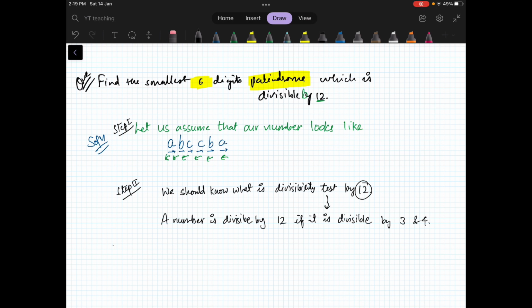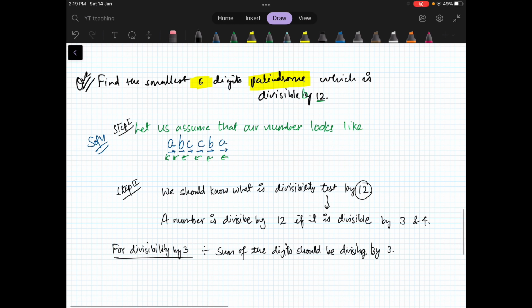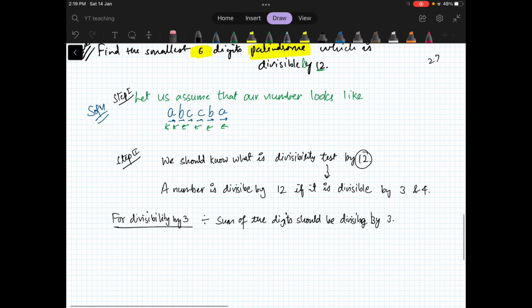Now for divisibility by 3, what is the test? The sum of the digits should be divisible by 3. For example, 27 is divisible by 3. If you sum, it is 9, and 3 times 3 is 9.